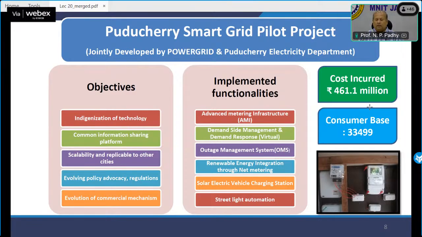The cost was close to 461 million investment, and the consumer base was close to 33,499.